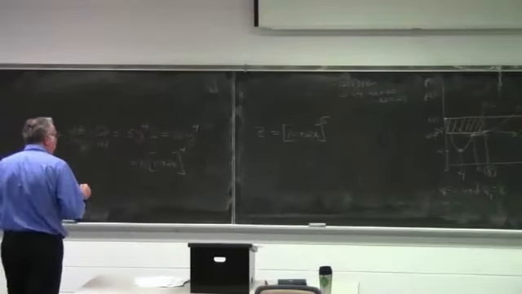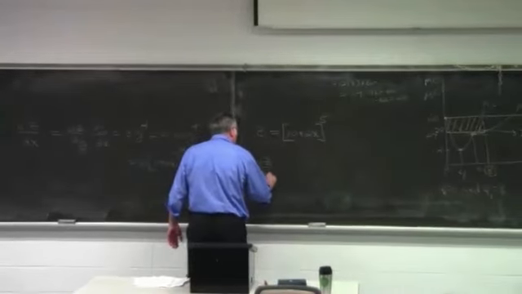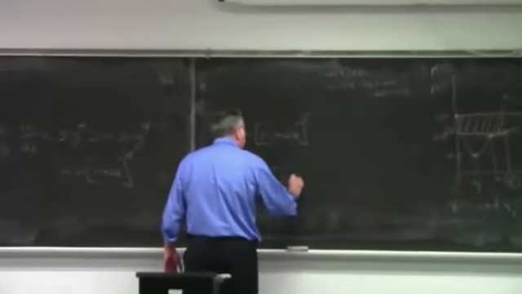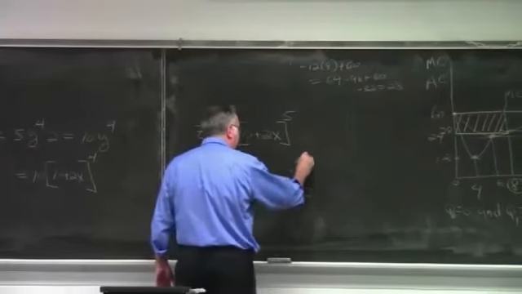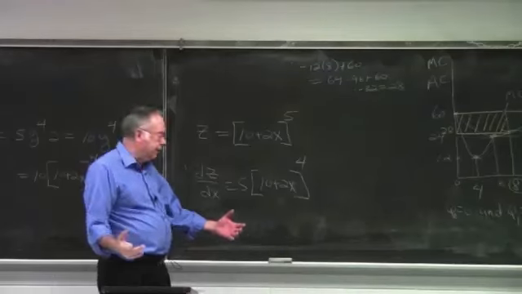All right, so we'll say dz dx is equal to, bring that 5 down, times 10 plus 2x, then what? 4th, and then what? Exactly, yes.